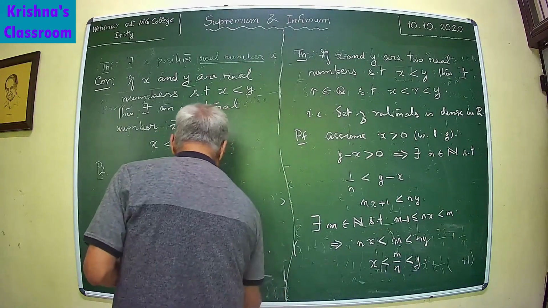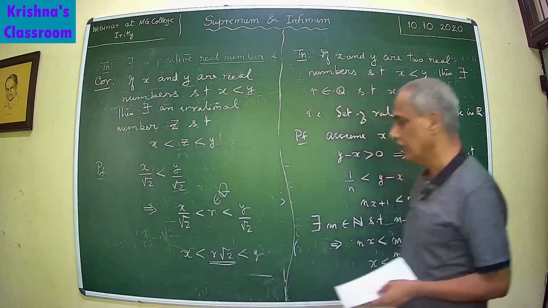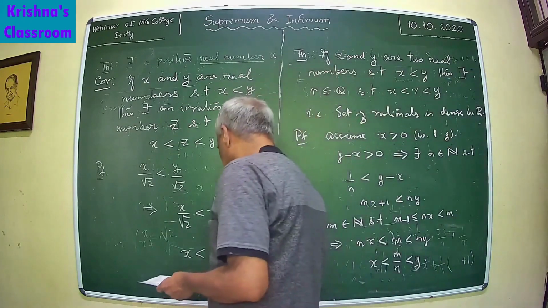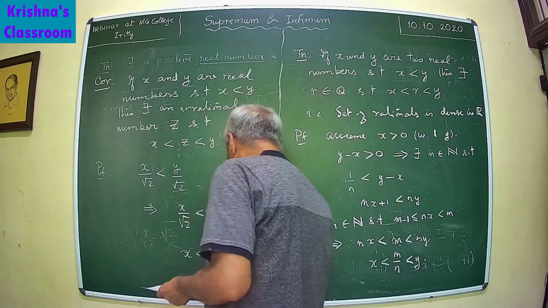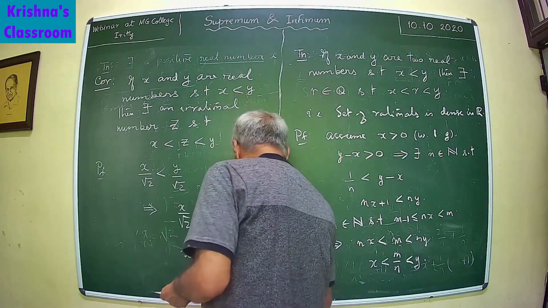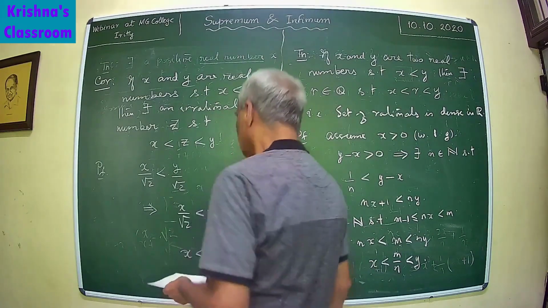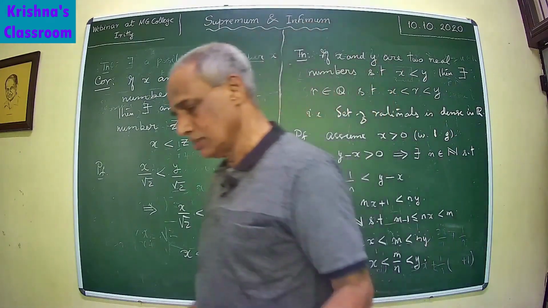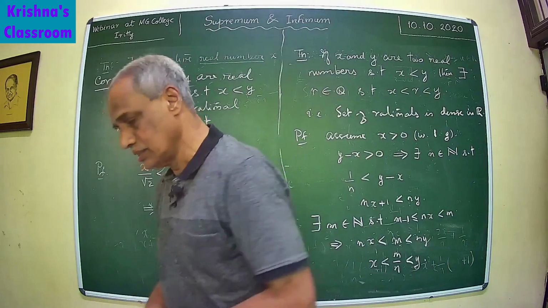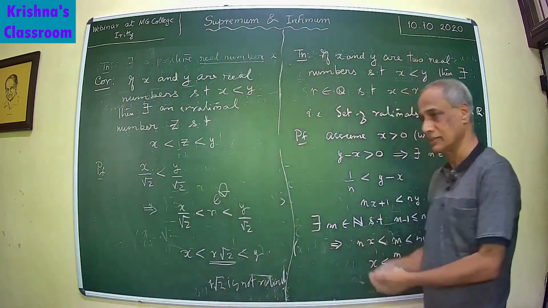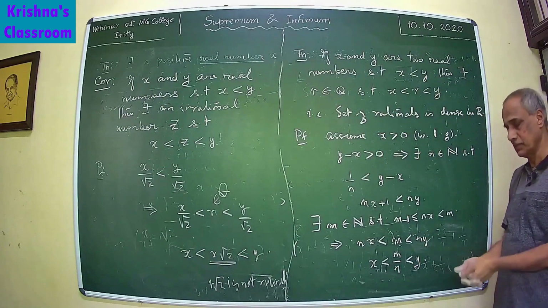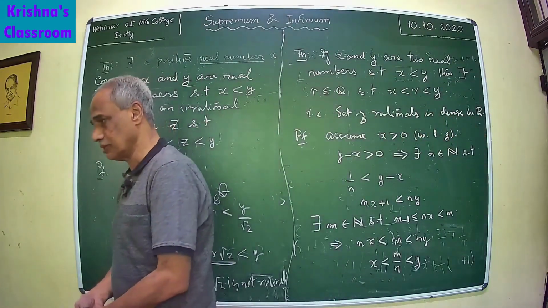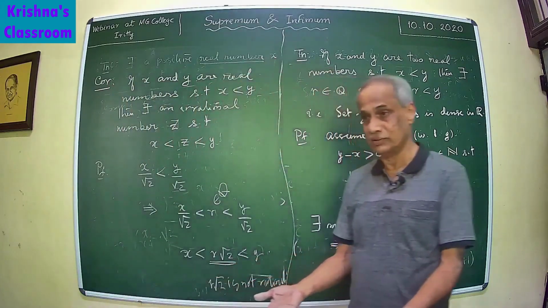Now all that you have to prove is that if r is a rational, then r times square root of 2 is not rational. That completes it. So you get some amazing results using the assumption that all subsets of the real line that are bounded above have their supremum.